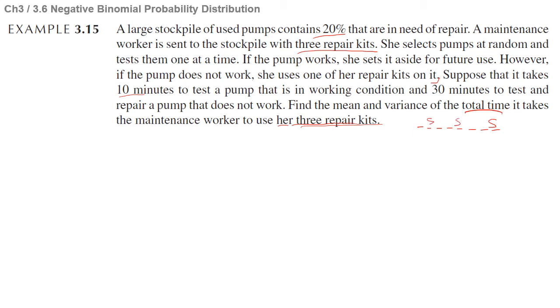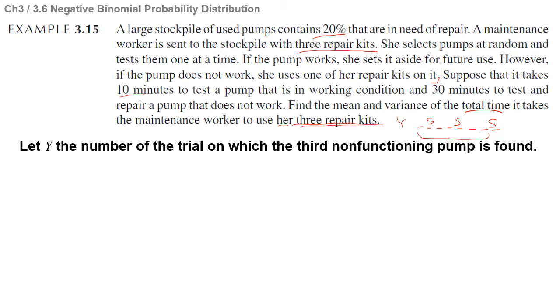So this random variable Y follows a negative binomial distribution. Let Y be the number of the trial on which the third non-functioning pump is found, and this Y follows a negative binomial with r equal to 3 and probability 0.2.